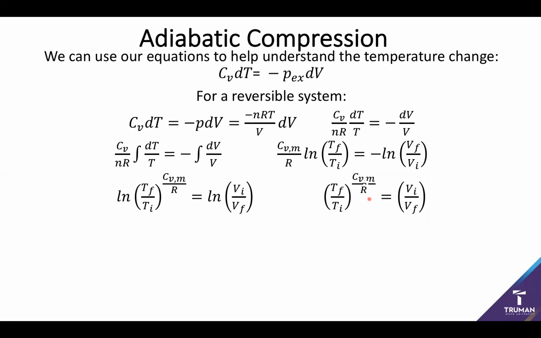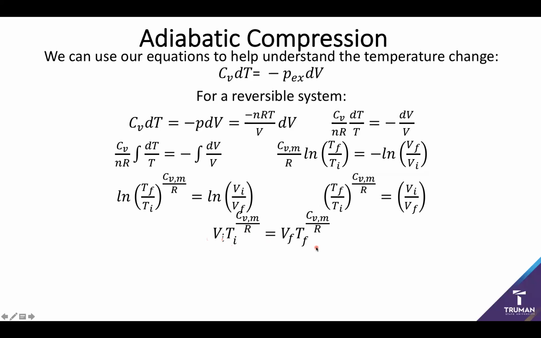Now one of the classic ways we might want to reinterpret this equation is to move all of our initial conditions to the left and all of our final conditions to the right. And when you do this, what we find is that it's going to be equal. We're going to have our initial volume times our initial temperature to the power of our isochoric heat capacity divided by R, equaling the same expression for the right.